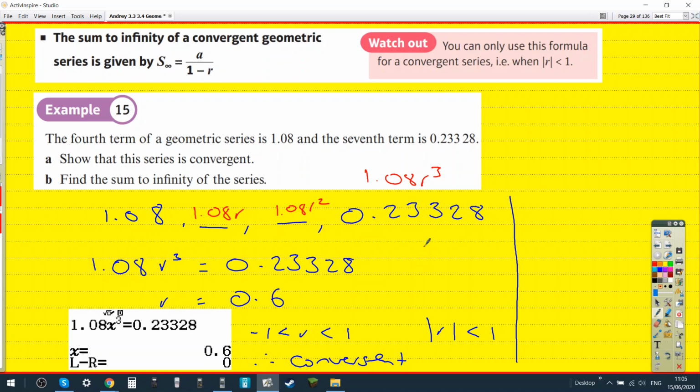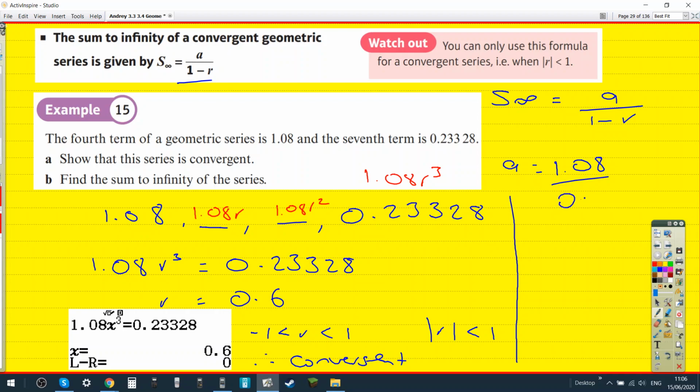And how about b? This is where I do a over r minus 1, 1 minus r. 1 minus r, sorry. Mm-hmm. And so would I need to first of all find out what the first term is? Mm-hmm. Would that be 1.08 divided by r cubed, or 1.08 over 0.6 cubed?